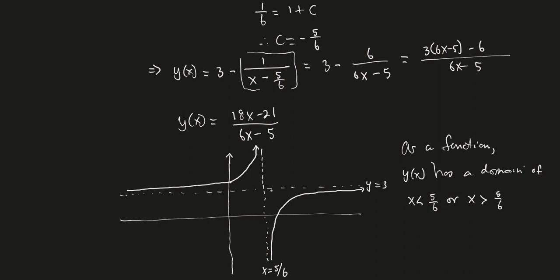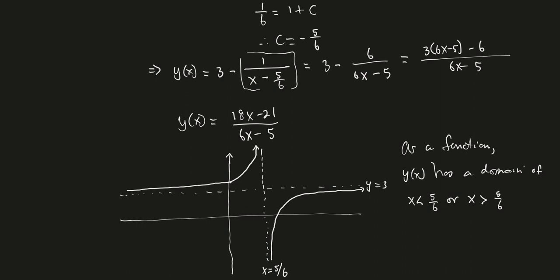But this is not just some arbitrary function that we wrote down. We actually derived this function first by getting the general solution of a differential equation and finding the initial condition that this function passes through. And remember, the initial condition is when x is equal to 1, y is equal to negative 3.